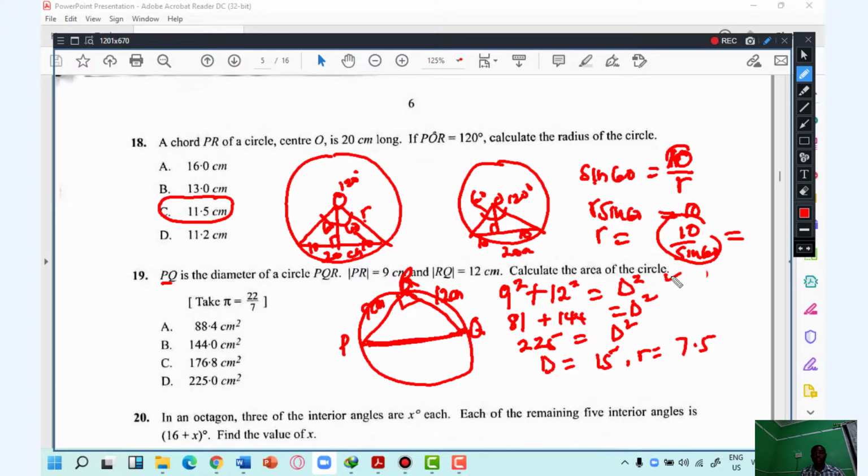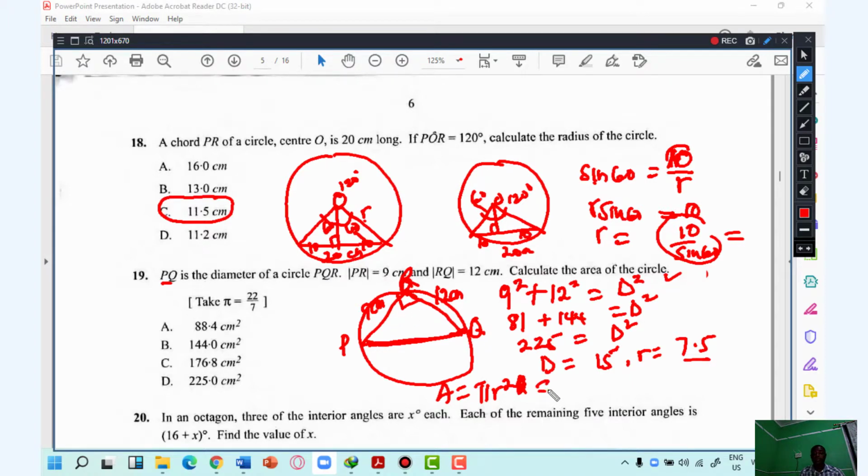The question says you should find the area of the circle, and the area is pi r squared. So we take pi as 22 over 7, times 7.5 times 7.5.